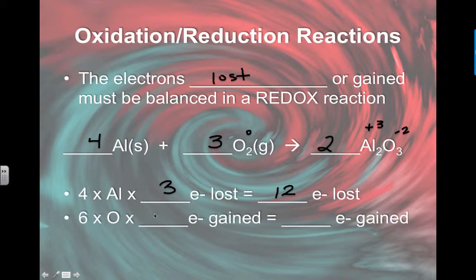So that means each oxygen gained 2 electrons. That makes a total of 12 electrons because I have 6 oxygen atoms on both sides. So the electrons that were lost are equal to the electrons that have been gained. Be careful in redox reactions that you balance the atoms and you also balance the charges.